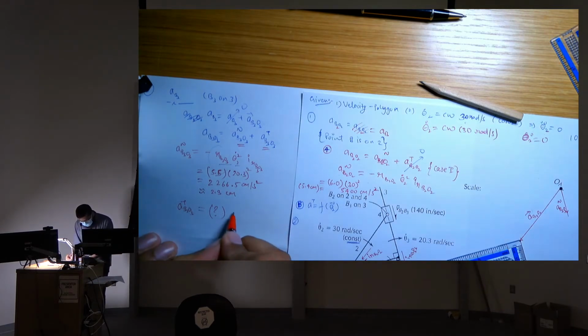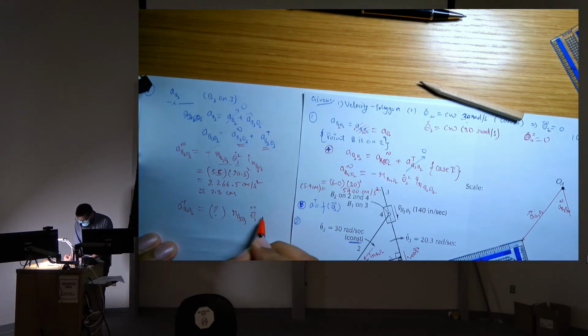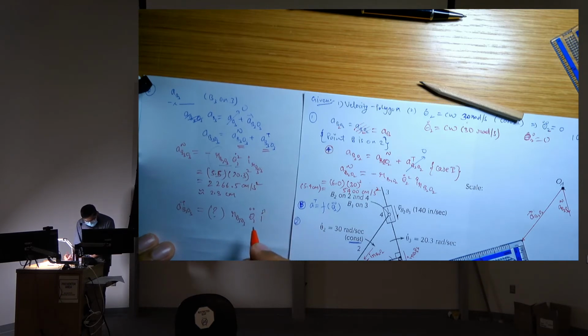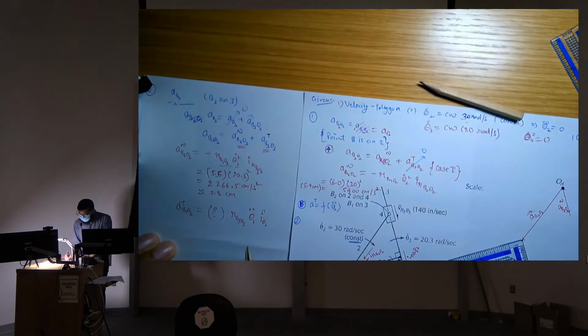The formula would be R B3 O3 theta 3 double dot, in the direction of theta 3. This is the number that we don't have.